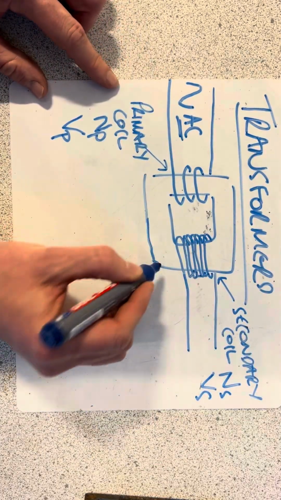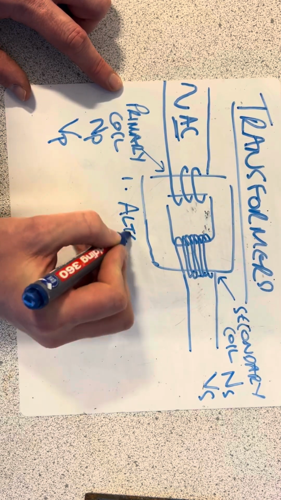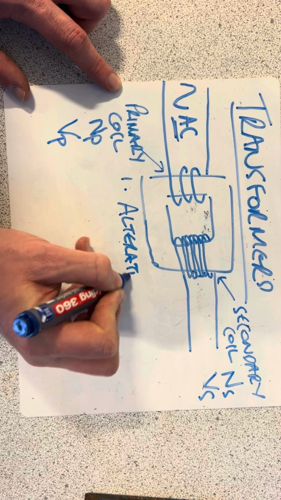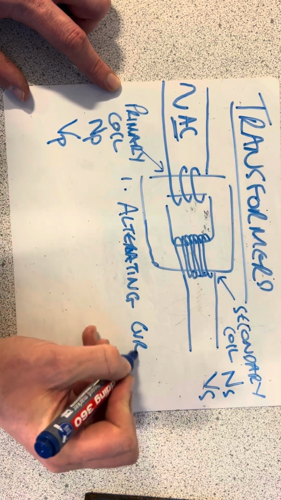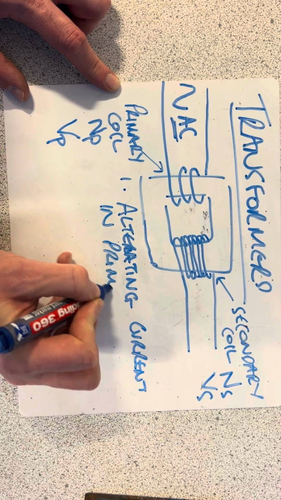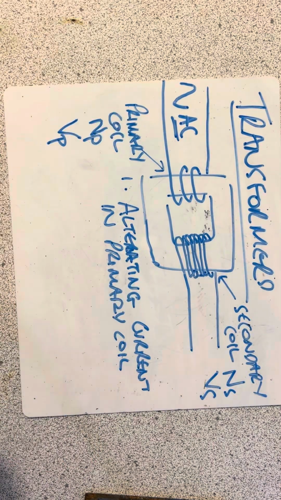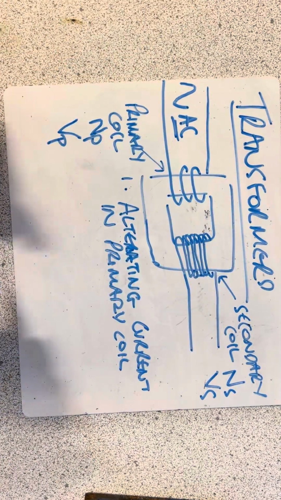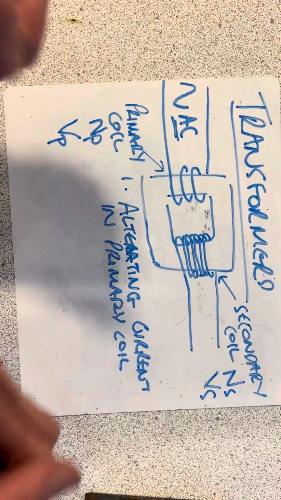I'm just going to rub this iron core out so I can write the step-by-step explanation of how it works. So the first thing to write is that there is an alternating current in the primary coil. Now, if you've got an alternating current in the primary coil, we know from our previous videos that whenever you've got a current flowing in a wire, you induce a magnetic field.